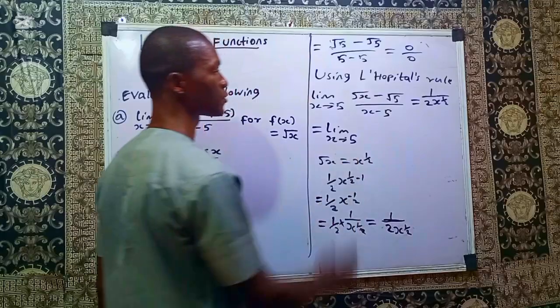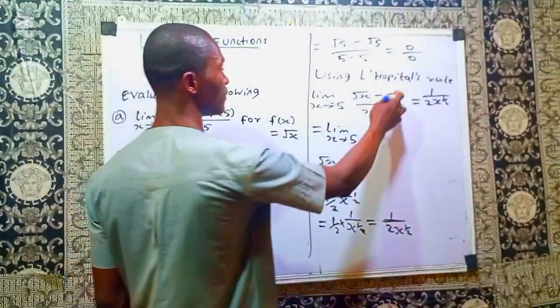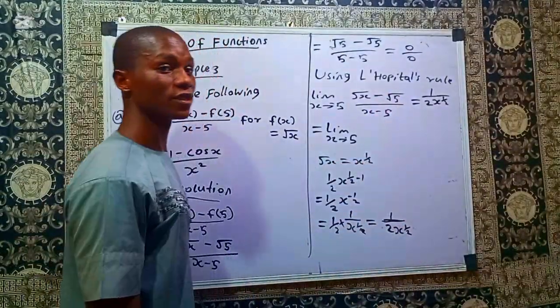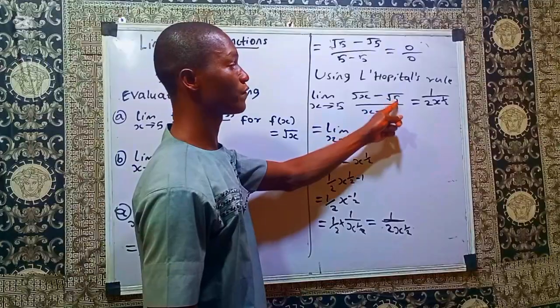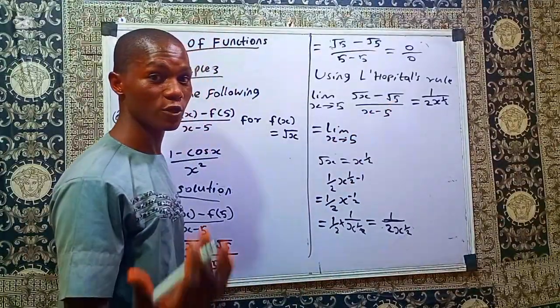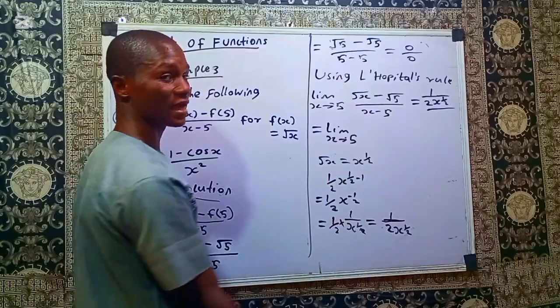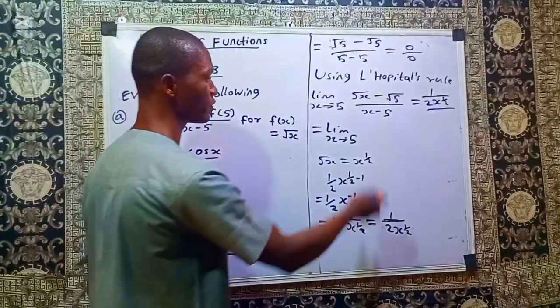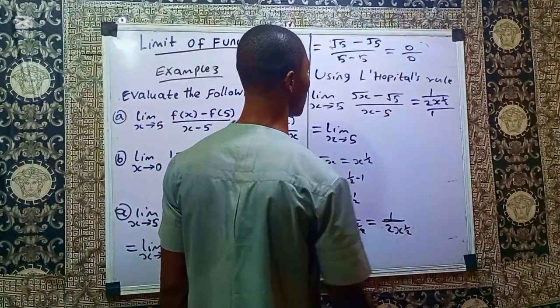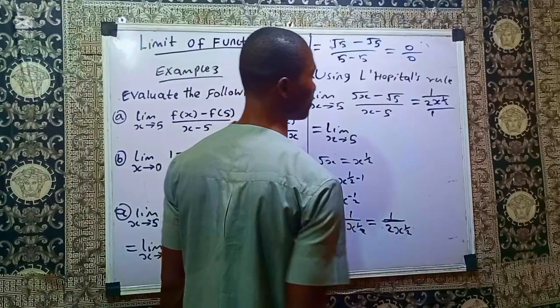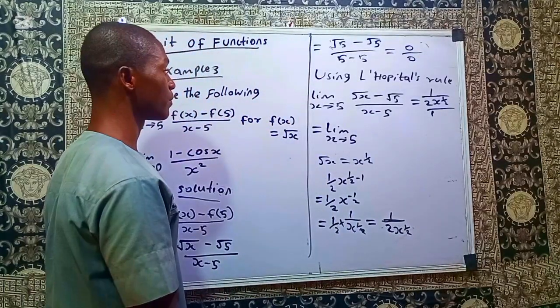That's the derivative of square root of x. Then the derivative of minus square root of 5 is 0, because it's a constant. The derivative of a constant is 0. Then if you differentiate x using the same process, you get 1. And if you differentiate minus 5, you get 0.